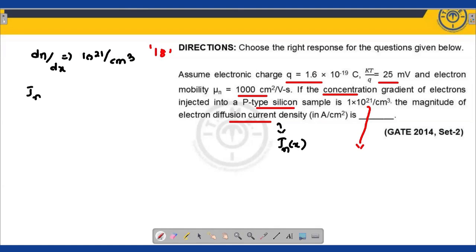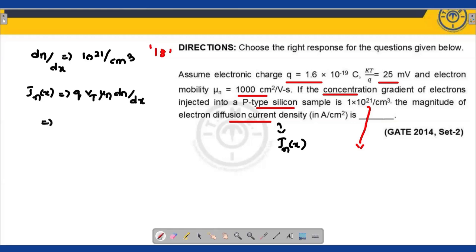So here, Jn of x is equal to, very, very important, q into VT into mu n into dn by dx.